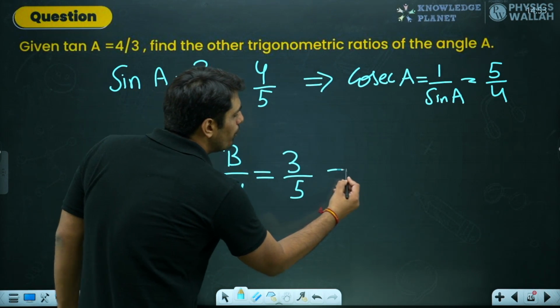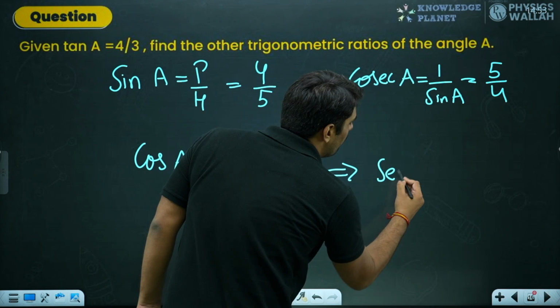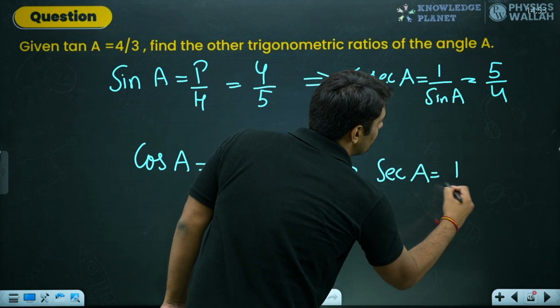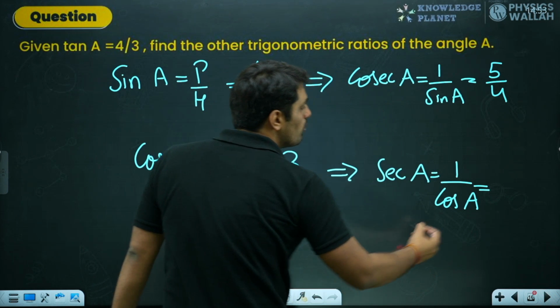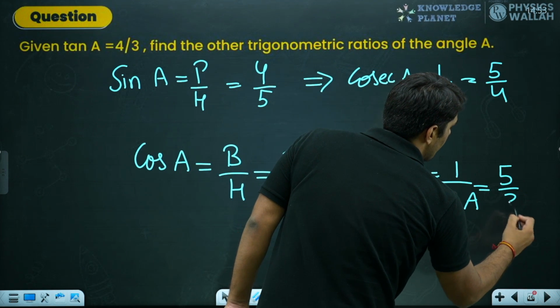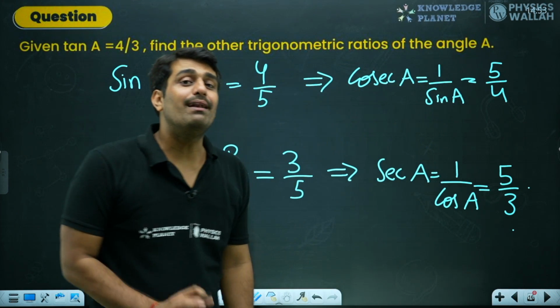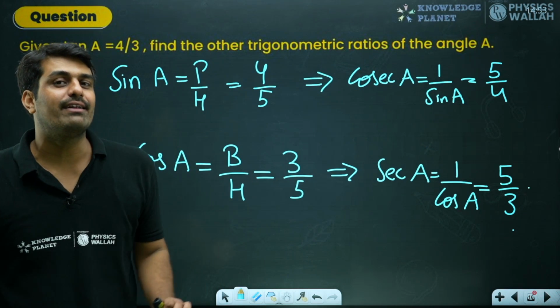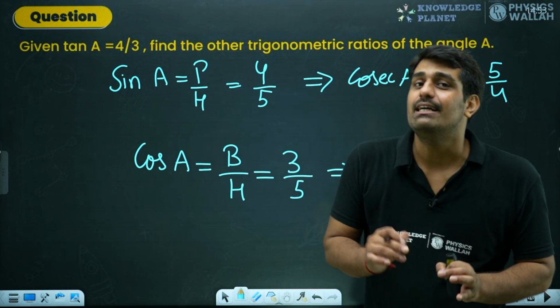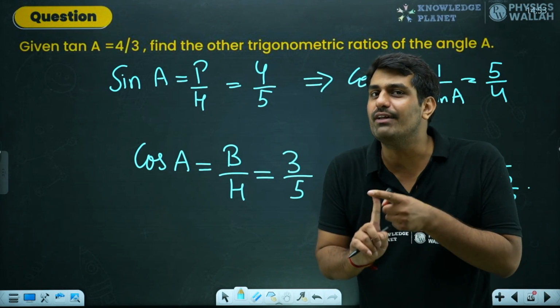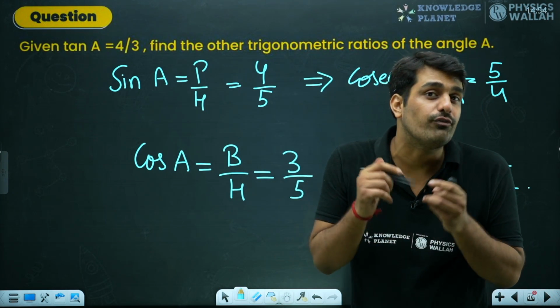If this is known to you, then sec of A will also be known to you, because that will be the reciprocal of cos of A. So the value comes out to be 5 by 3. This is one of the simplest questions that can come related to trigonometric ratios. The point for this particular question was to make you understand that if any one of the ratios is known to you, you can calculate the rest of all the ratios.